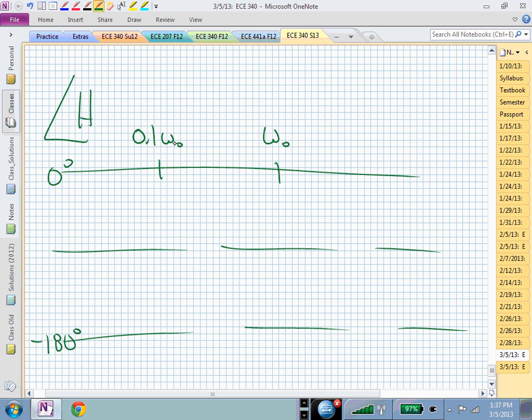Well, we're a decade below and a decade after, and I've called this omega sub n, so let me call this omega sub n. Our phase plot now is 0, and then it's minus 180, and in between, we're this straight line. That's now what it looks like at one extreme, when zeta is equal to 1.